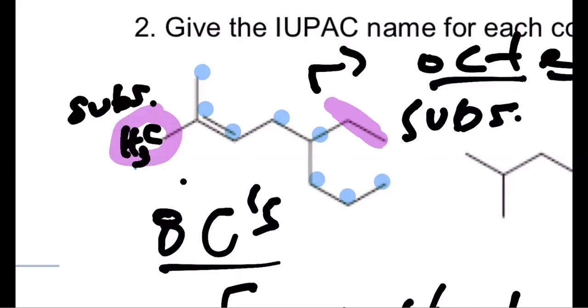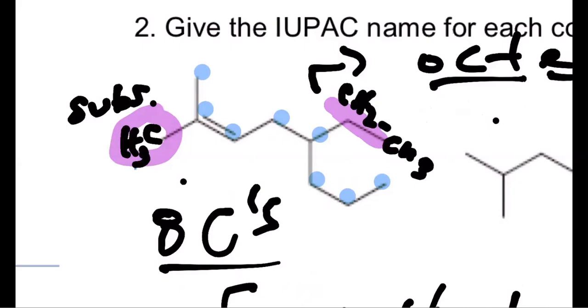And then on the other side, you can't really tell because it's in skeletal form, but it's a CH2, CH3. Right? Anybody disagree with that? This vertex right here is a CH2, and the end of that line is a CH3.